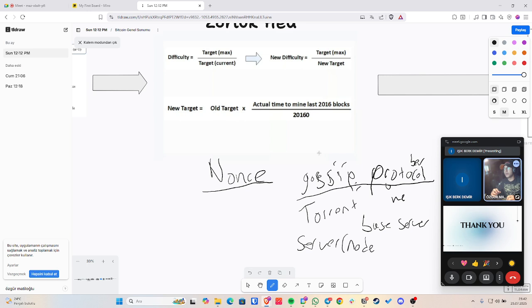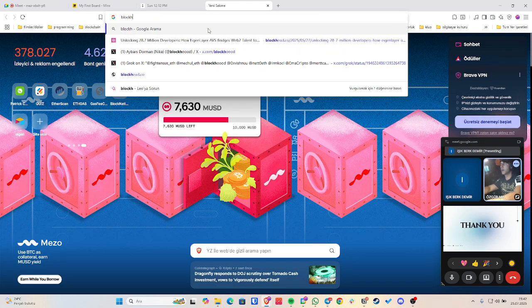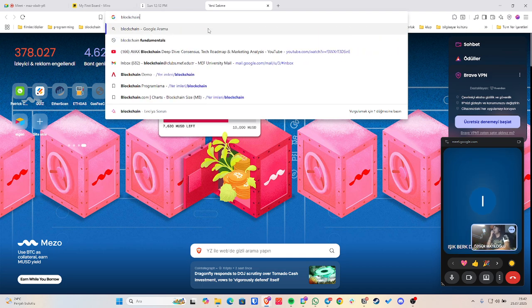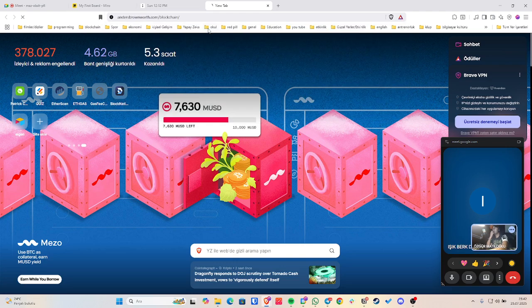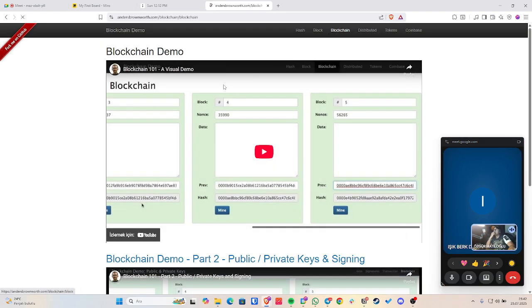So by that, the nonce field is helping us with the difficulty target. Let me show it in here. Blockchain demo.